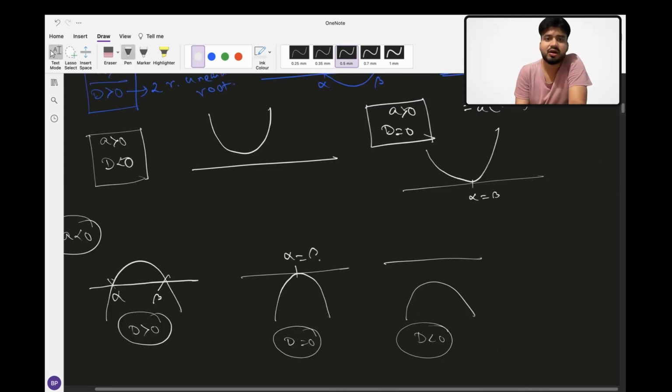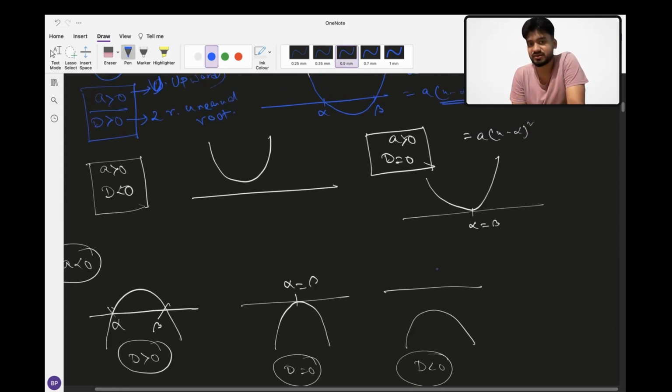Very good. Now, there are two more important things that I want to mention. When a is greater than 0 and d is less than 0, see the value of the quadratic polynomial. It is always positive. So in this case, f(x) is always positive for all x belongs to R. Yes or no?